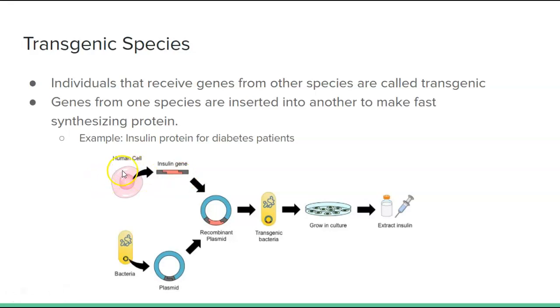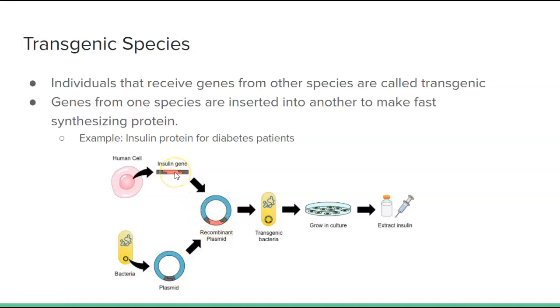Not all humans can create this insulin. People that have diabetes don't have a working insulin gene. So we can take this gene from a human cell and place it into a bacterial plasmid. And look, now we have a recombinant plasmid.